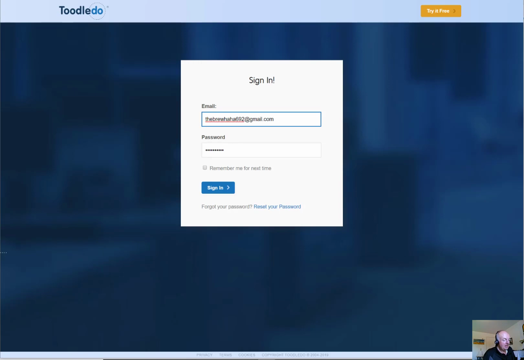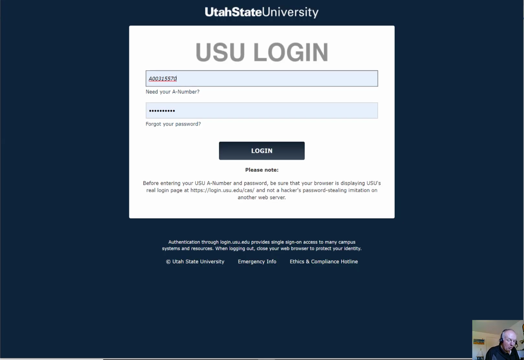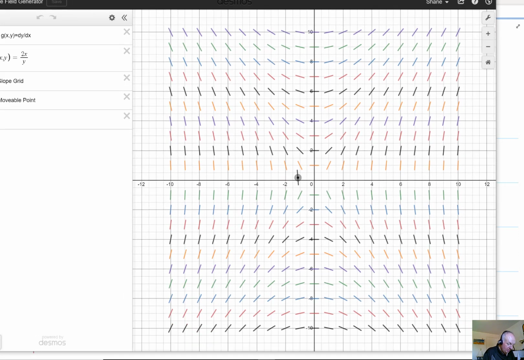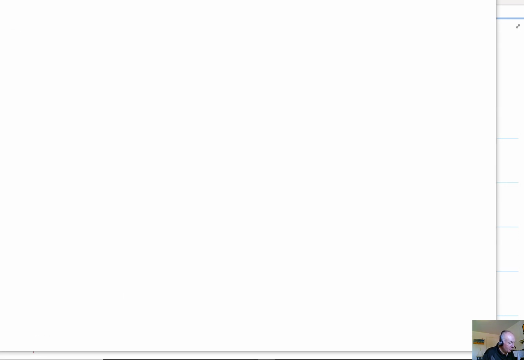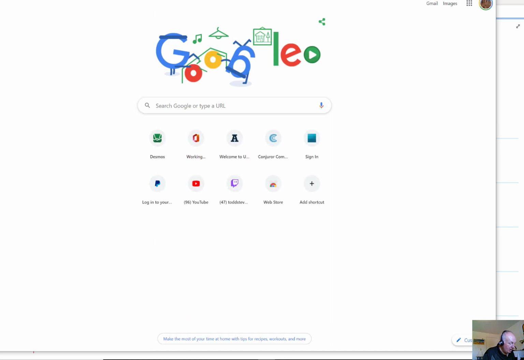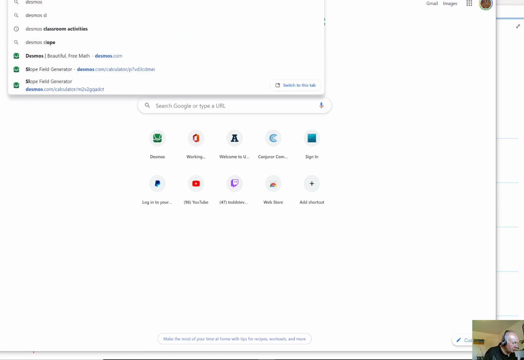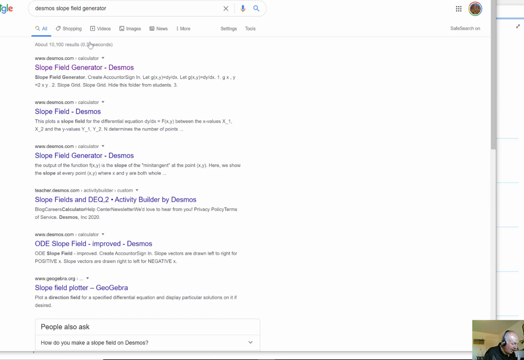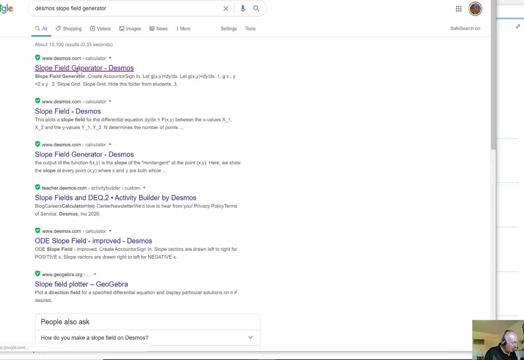I've already located this for you, but what you want to do is search for Desmos slope field generator, and it will bring you up to a little graphical program that's already been programmed that will let you create slope fields.